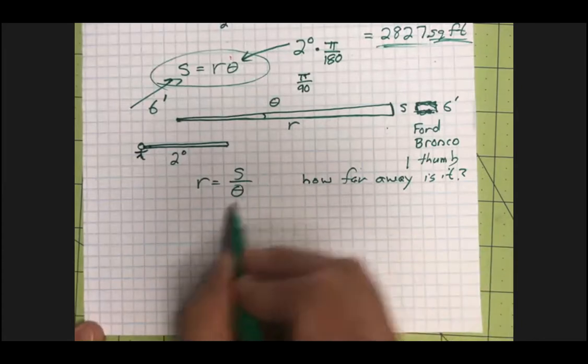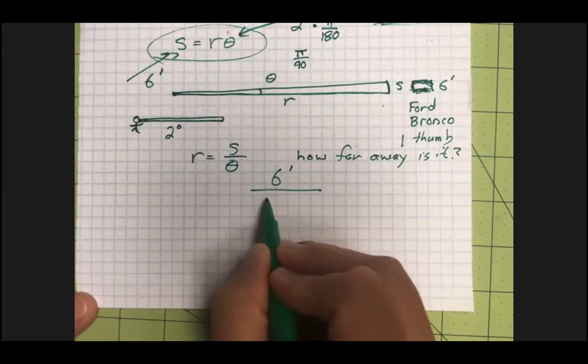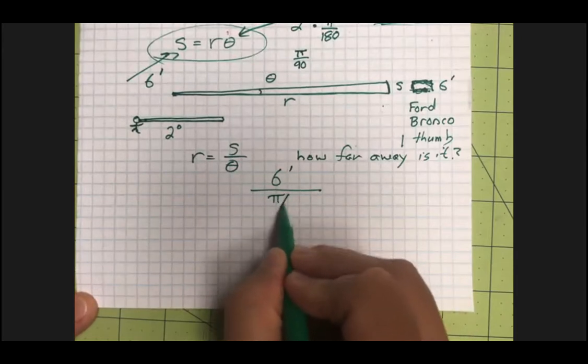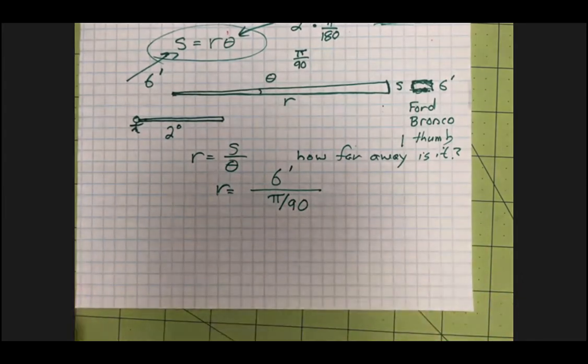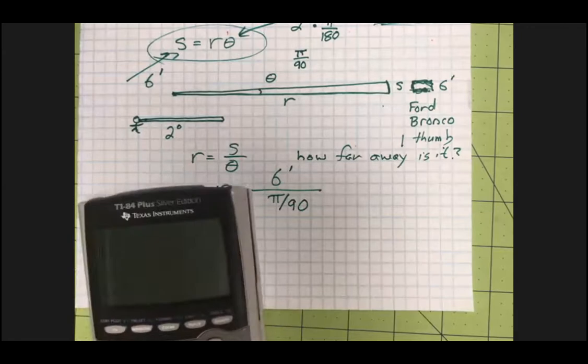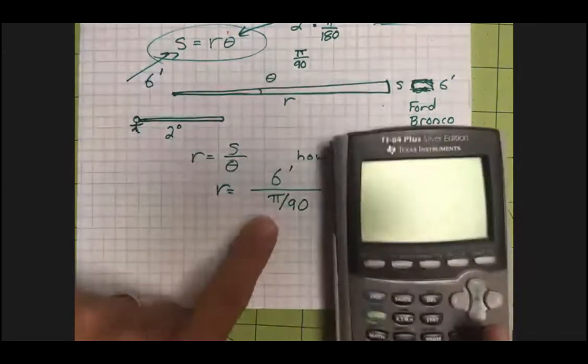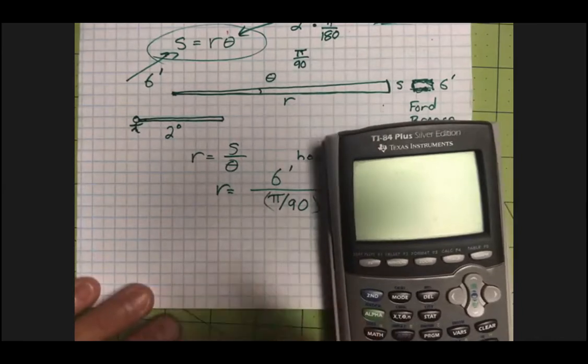So let's try it out. Ford Bronco, 6 feet tall. Theta, pi over 90. How far away, if that Ford Bronco is 1 thumb tall, how far away is the Ford Bronco? So I've got to do 6 divided by pi divided by 90. Be careful with your fractions.